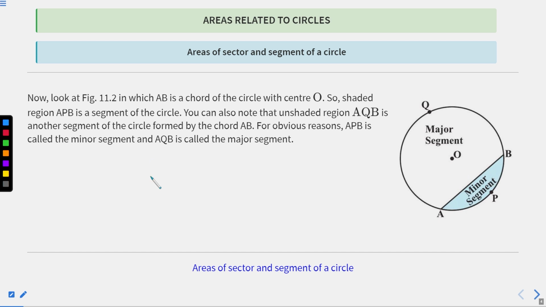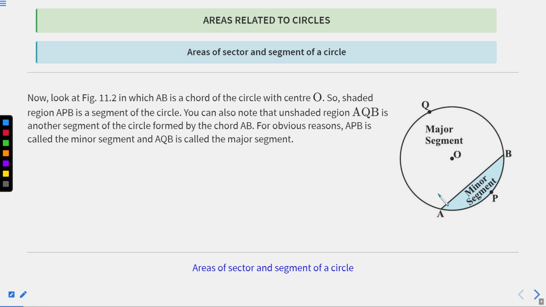Here you can look at this figure, in which AB is a chord of the circle with center O, and this region APB is a segment of the circle. You can also note that the other region AQB is another segment of the circle, formed by the chord AB.